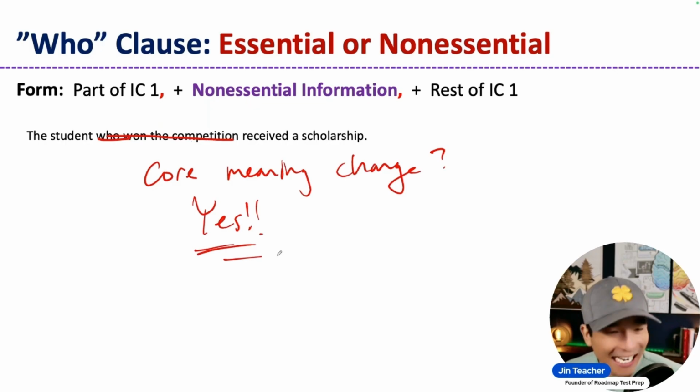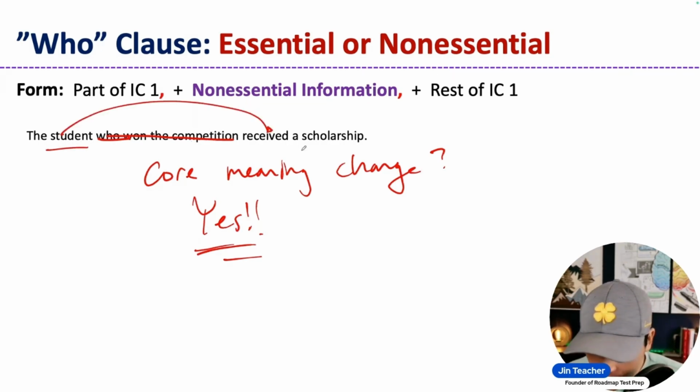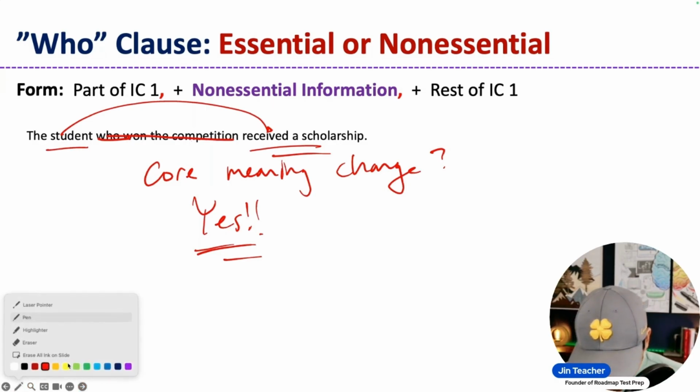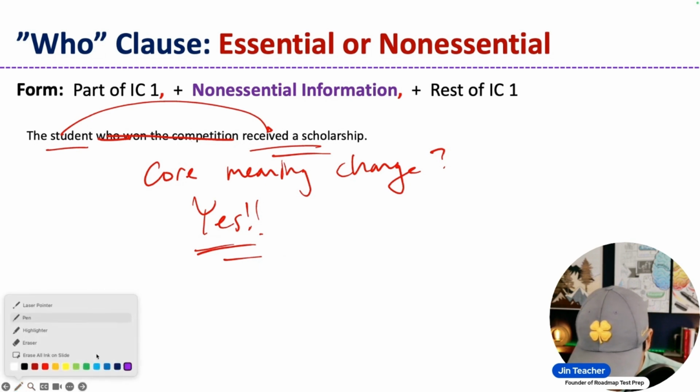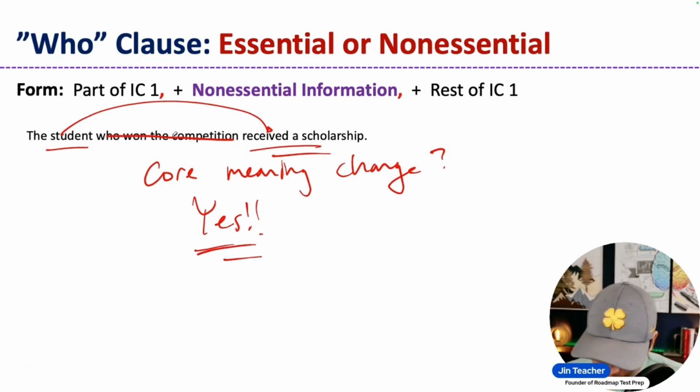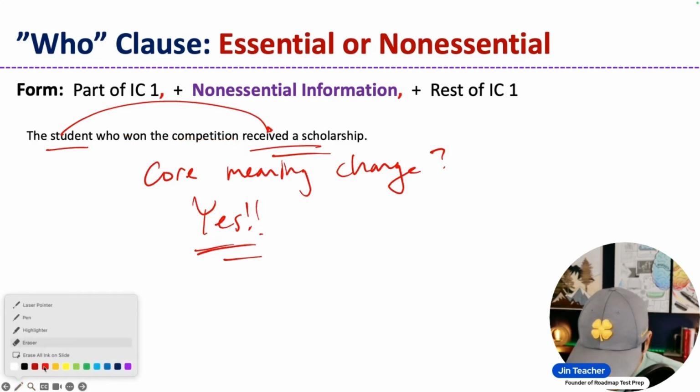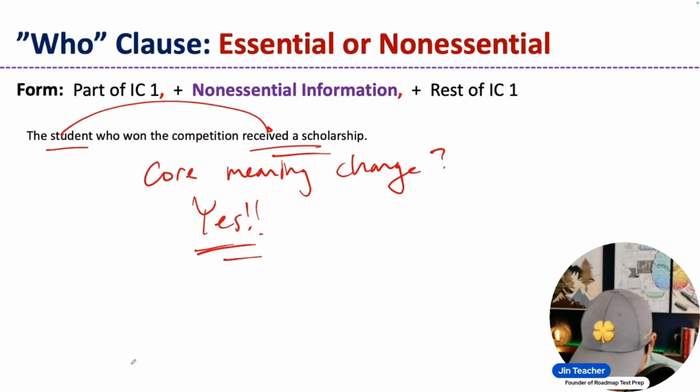The core meaning absolutely changes because when we say the student received a scholarship, that's different than saying the student who won the competition. Right? If I say the student who won the competition received the scholarship, right? That meaning is much more clear. It's much clearer than if I just say the student received a scholarship. Okay, so the core meaning does change.